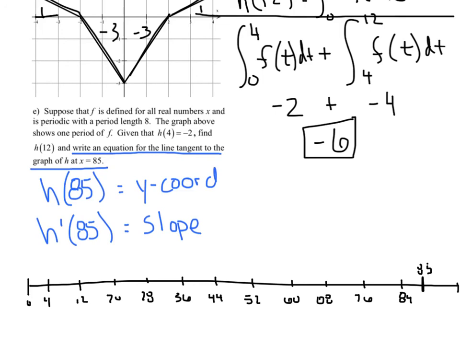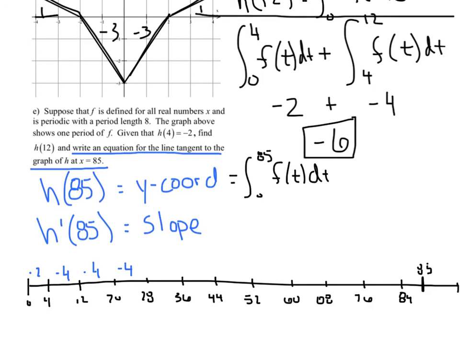So h of 85 is really the integral from 0 to 85. What we've got to do is count up how much area we've accumulated. Now we know that every individual cycle accumulates negative 4 units of area. So let's see, I had a negative 2 from 0 to 4, and then I've got negative 4 there, negative 4 there, and so on.